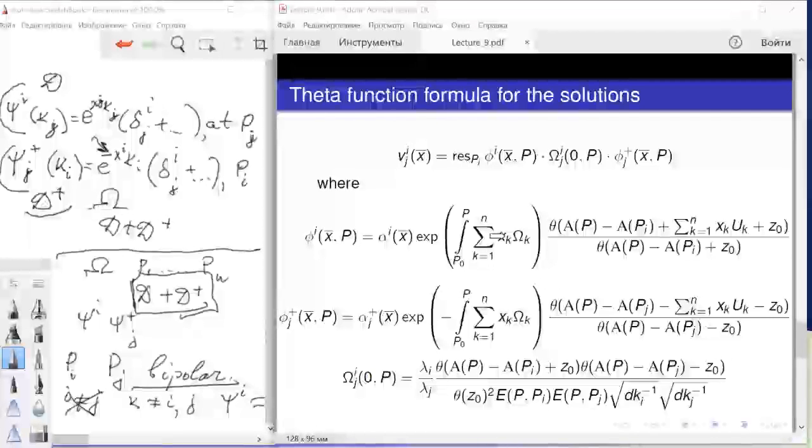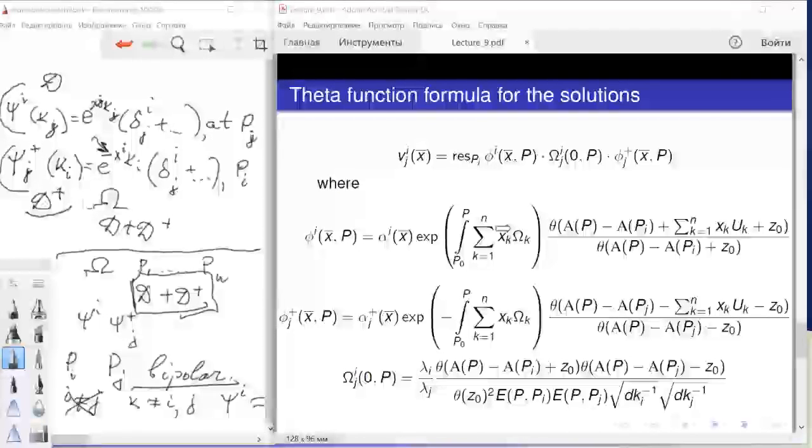And omega k is a meromorphic differential with a second order pole at pk only.